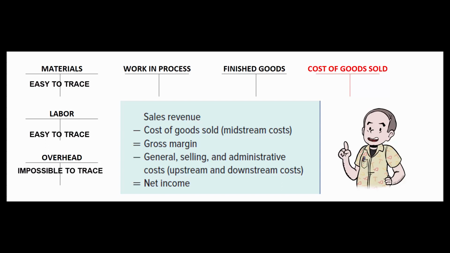The challenge, and what we're going to spend a painful amount of time on, is figuring out how much overhead, how much indirect costs go into each dining room table, each dining room chair, each bicycle, each tricycle, each computer chip that we make. How do we know how much rent from the factory, how much depreciation on the factory equipment, how much of the janitor's salary go into each of these units? And we're going to spend a lot of time trying to make our best guess as to how to apply overhead.